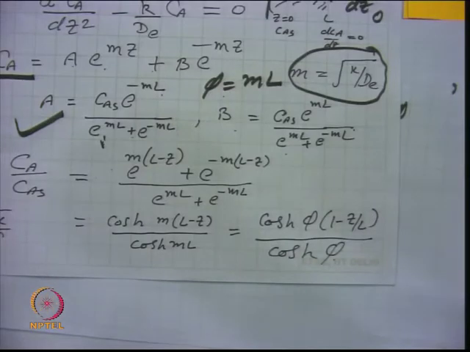So, this is what you have seen here in the form of equation, either you write in this form or you write in the form of exponential, right, both are same thing, because the definition of cosh theta or sinh theta can be substituted. So, cosh theta is e to the power theta plus e to the power minus theta, sinh theta is e to the power theta minus e to the power minus theta, right.